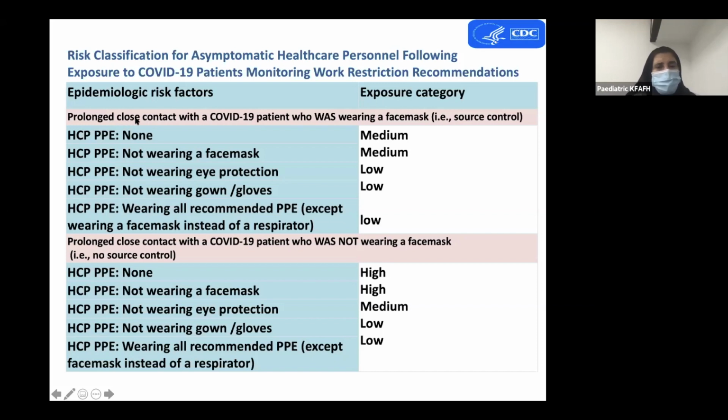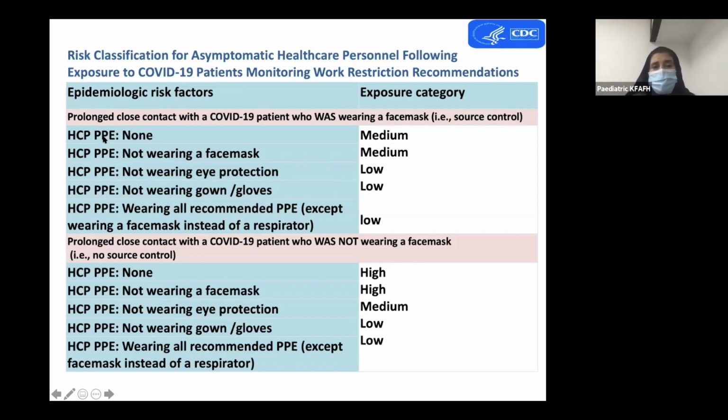So if there is a prolonged close contact with a COVID-19 patient who was wearing a face mask, and the healthcare worker was having his mask on, then the exposure category is low.